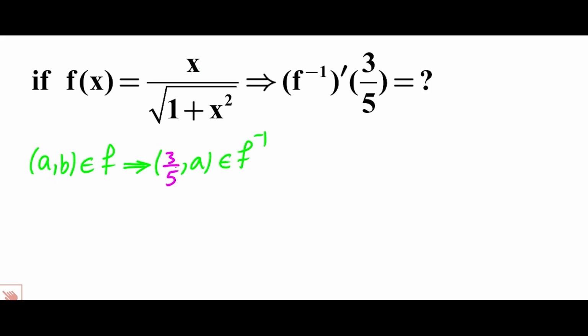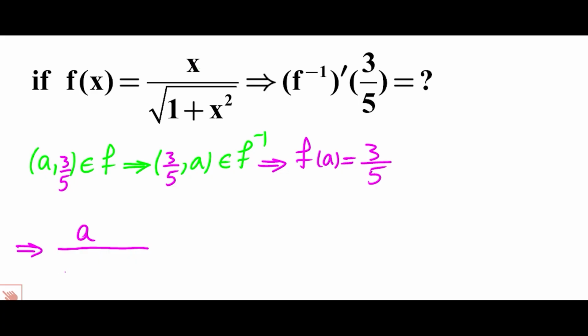So a and 3 over 5 is in f. So we have f of a is equal to 3 over 5. And if we plug in a for x, we have f of a is equal to a over the square root of 1 plus a squared, which is equal to 3 over 5.